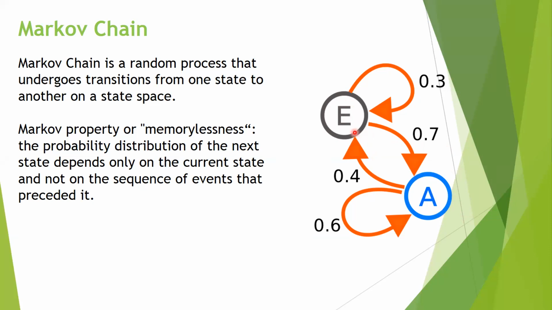For example, suppose t equals 0 and the current state is E. If we want to see the next state at t equals 1, there are two possibilities.